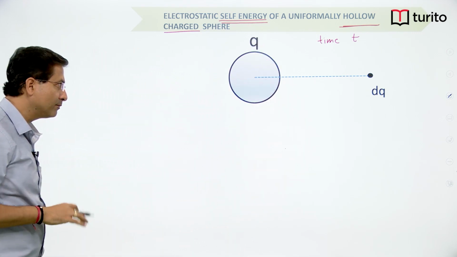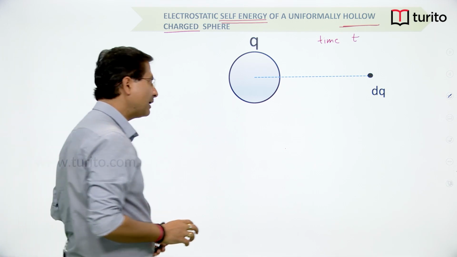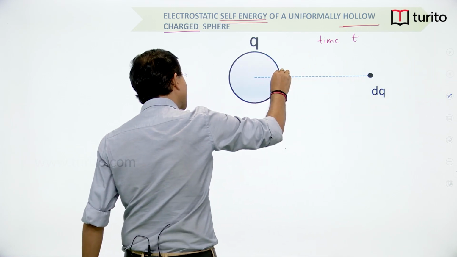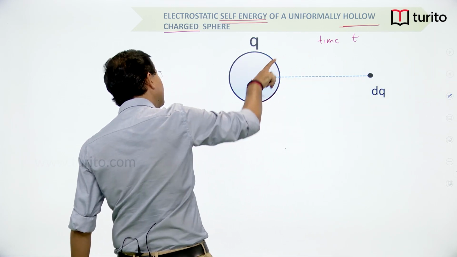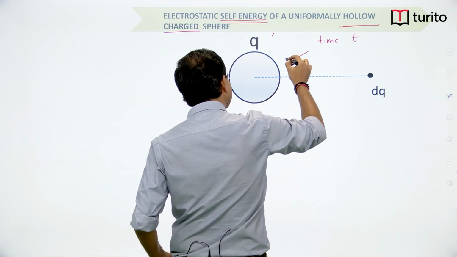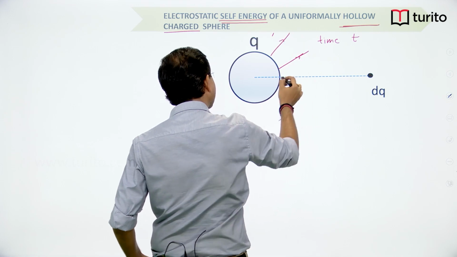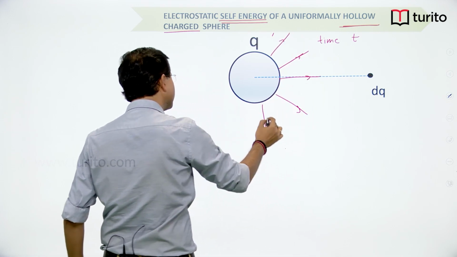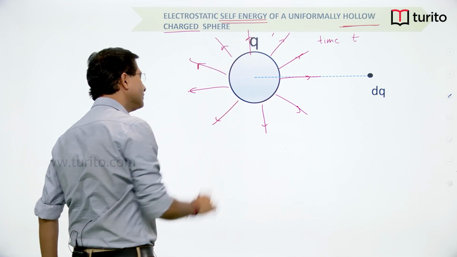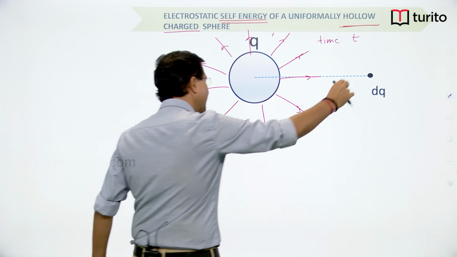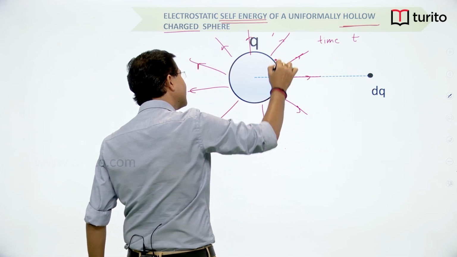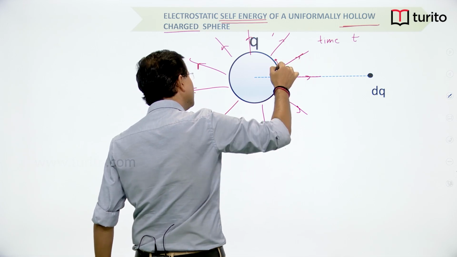So whatever work I am doing is only in bringing the charge from infinity till the surface, because after that the field lines will be like this, and if you move some small part of that dq this way, with motion in this direction and force in that direction, you do not have to do work.